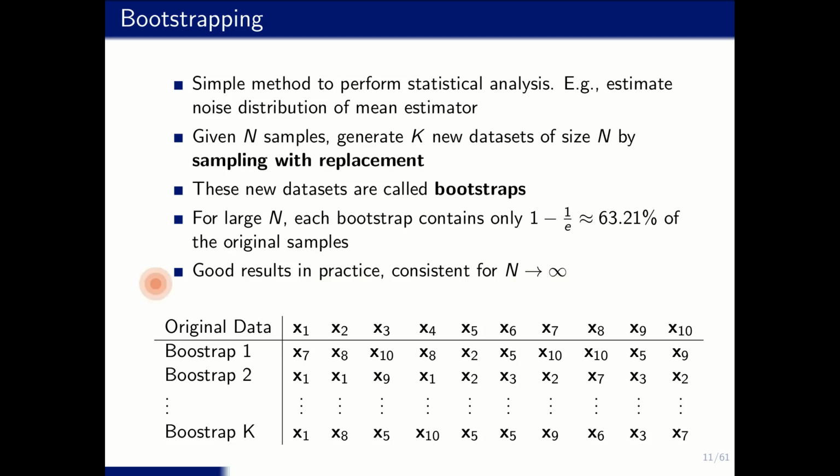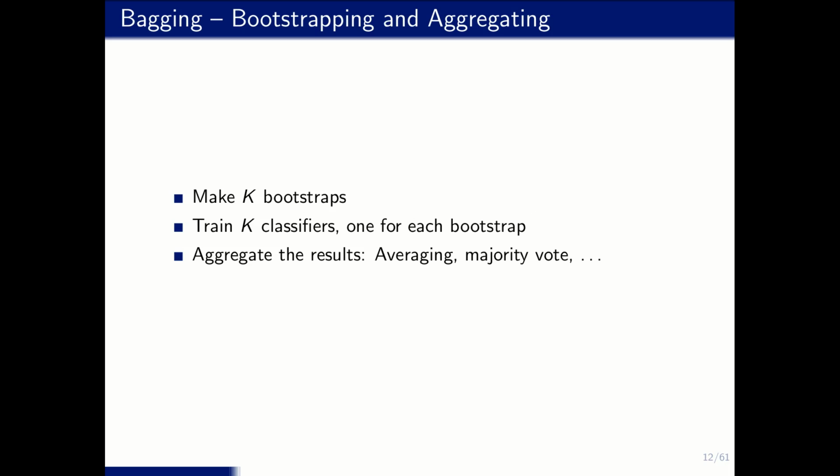Bootstrapping is actually a technique from statistics, and in machine learning, this is often combined into bagging. Bagging means bootstrapping and aggregating. The idea is very simple. As in statistical analysis, we make k bootstraps, and now we train a classifier on each of these bootstraps, and then we simply aggregate the results.